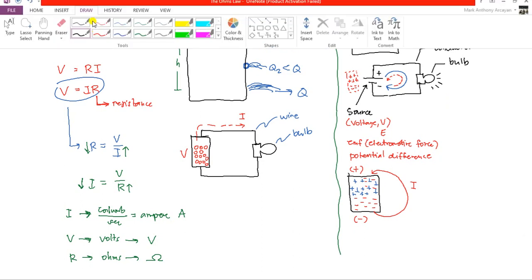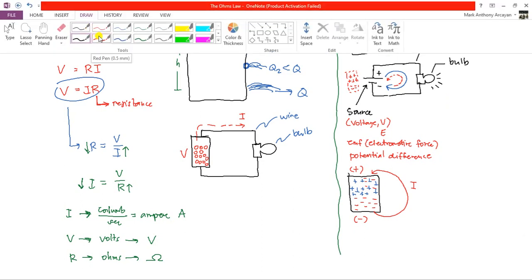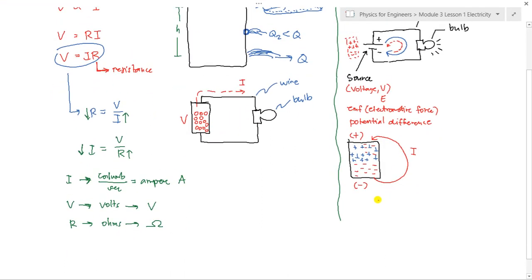So how do we quantify the amount of power it consumes? Power P is equal to the product of the voltage and the current, VI.